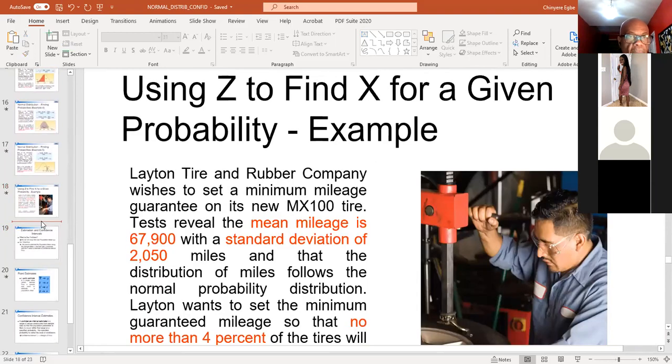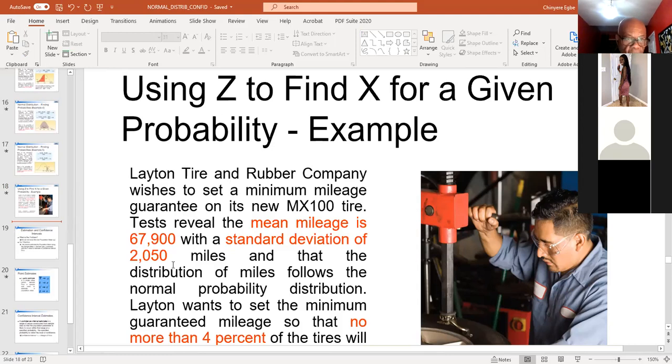All right. So that's an example. Okay. It says the Leighton Tire and Rubber Company wishes to set a maximum mileage guarantee on its MX100 tires. Okay. Now, tests reveal that the average mileage is 67,900 with a standard deviation of 2,050.